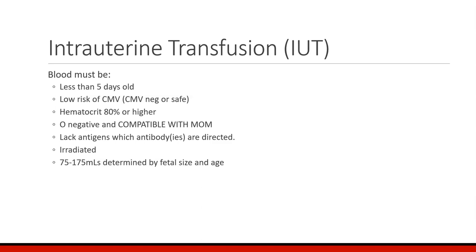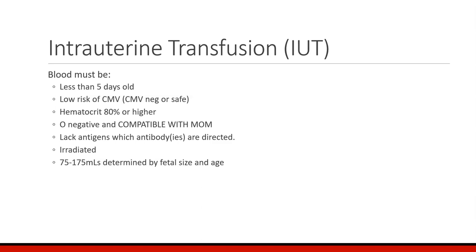The blood is O negative and compatible with mom. Because what if mom, in addition to anti-D, has anti-big E, anti-Kel, or maybe you missed something? So ultimately, the blood that is selected for transfusion has to be crossmatched with the mother. It has to lack antigens to which antibodies are directed.